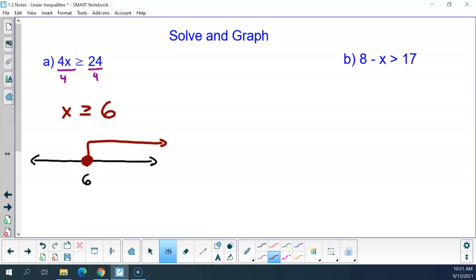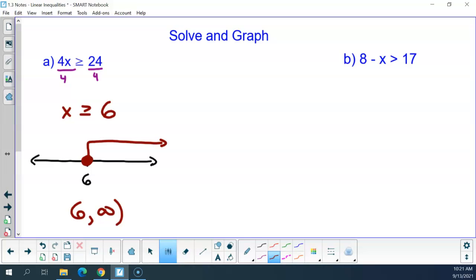In interval notation, the smallest number that I can be is 6. The biggest number that I could be, positive infinity. I know I can't get to infinity, so that's always going to have a parenthesis. Do I have a bracket or a parenthesis at 6?